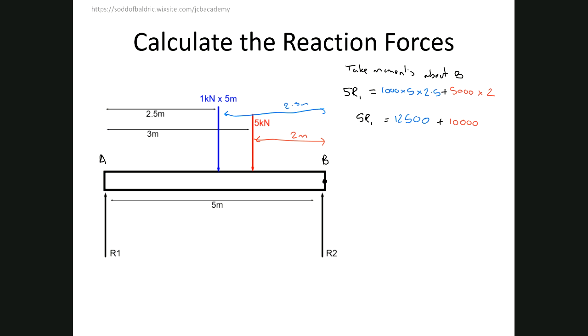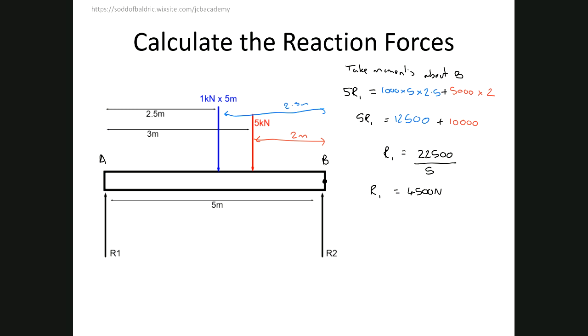And so, just resolving everything through, R1 is equal to 22,500 divided by 5, and so R1 is equal to 4,500 newtons. Okay, happy with that.